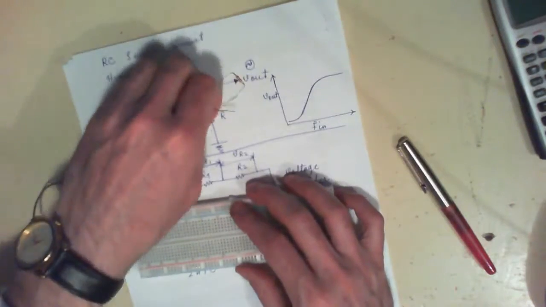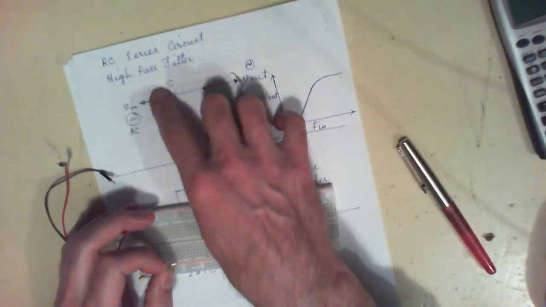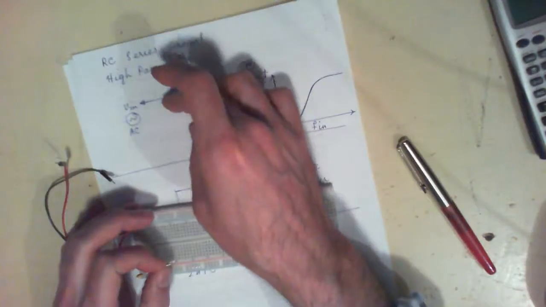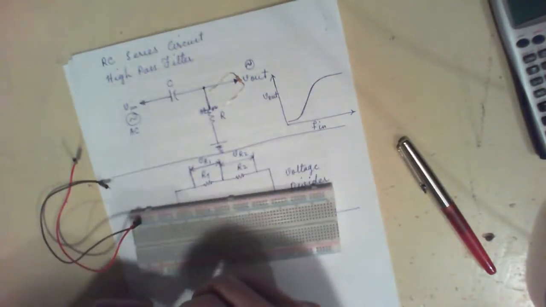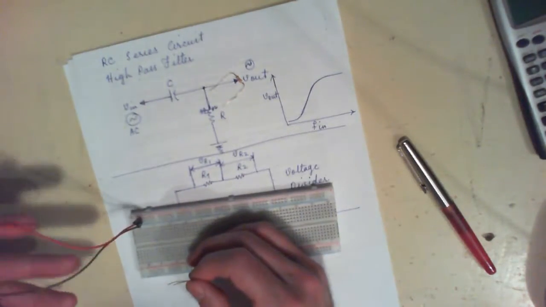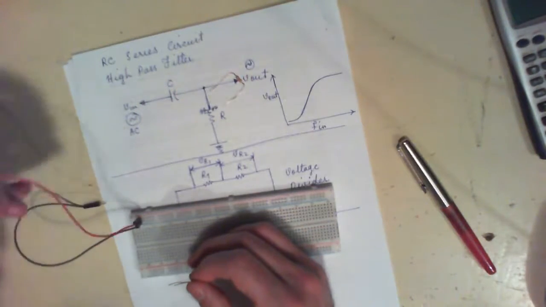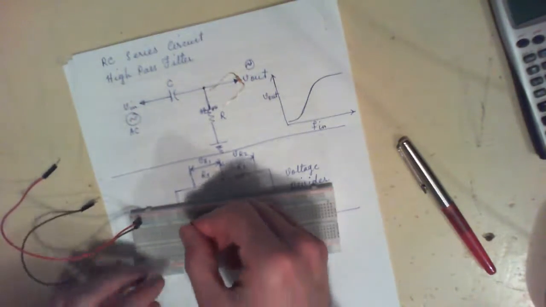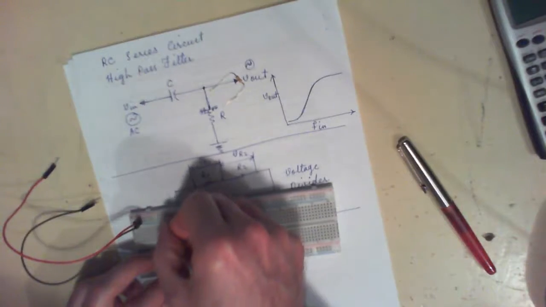You see that the supply voltage comes into this capacitor. I take this as the supply voltage, this is the positive lead, this is the negative lead. So the supply voltage comes in here.